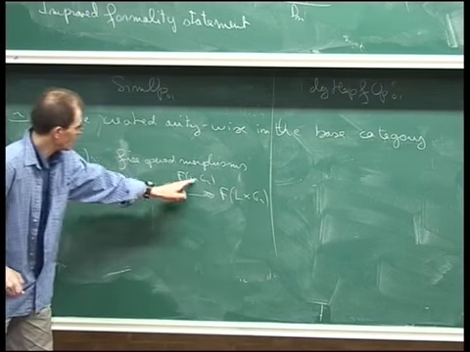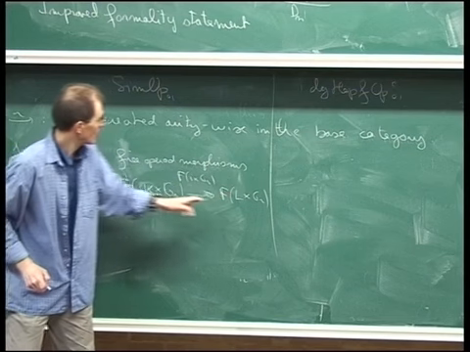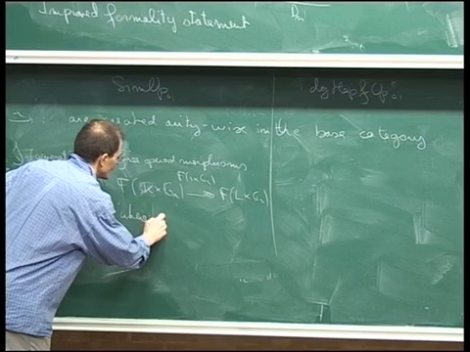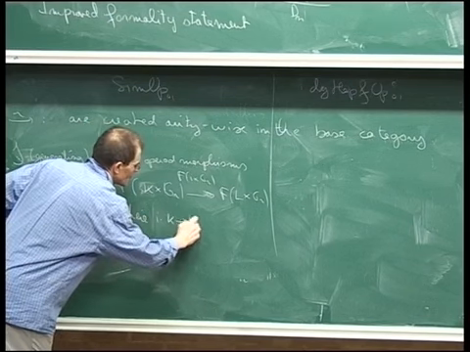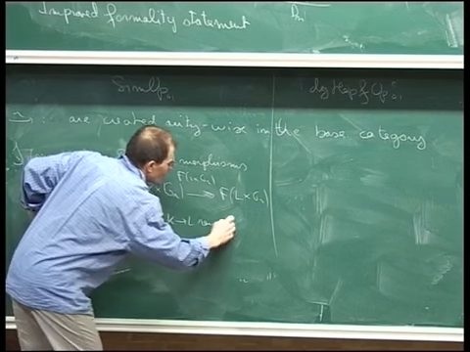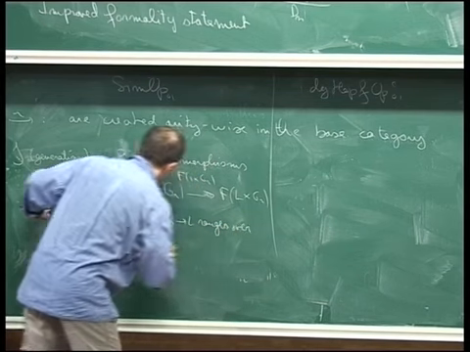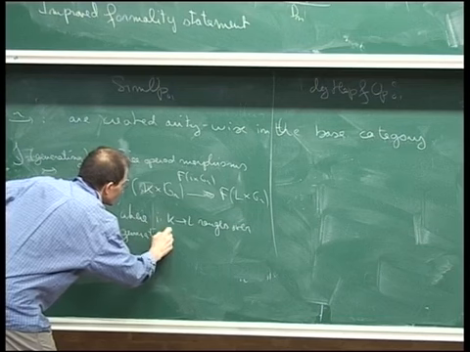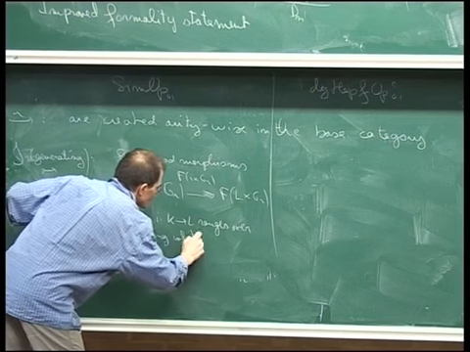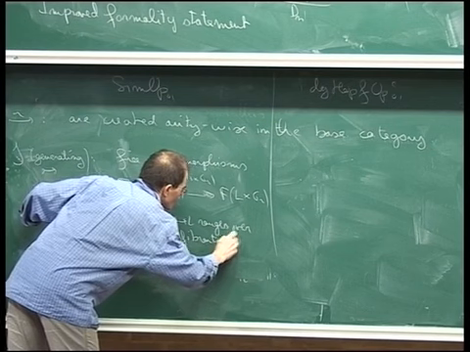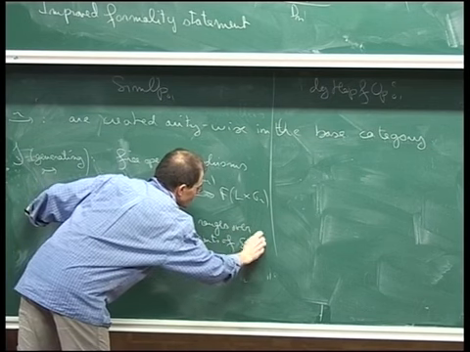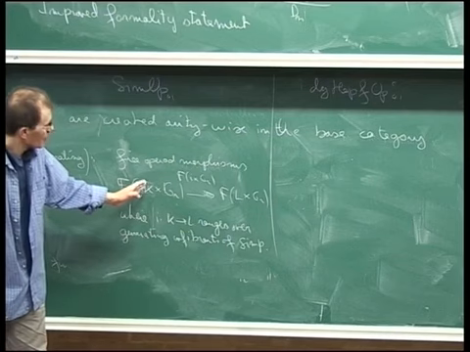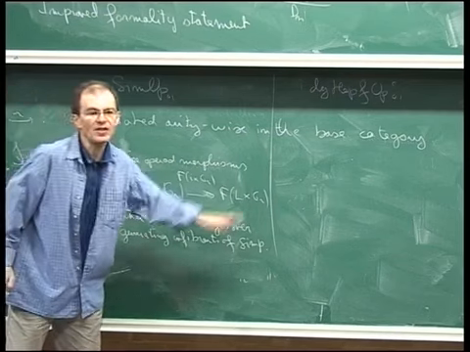Here i runs over the generating cofibrations of the category of simplicial sets, which are the maps from the boundary of delta n to delta n.